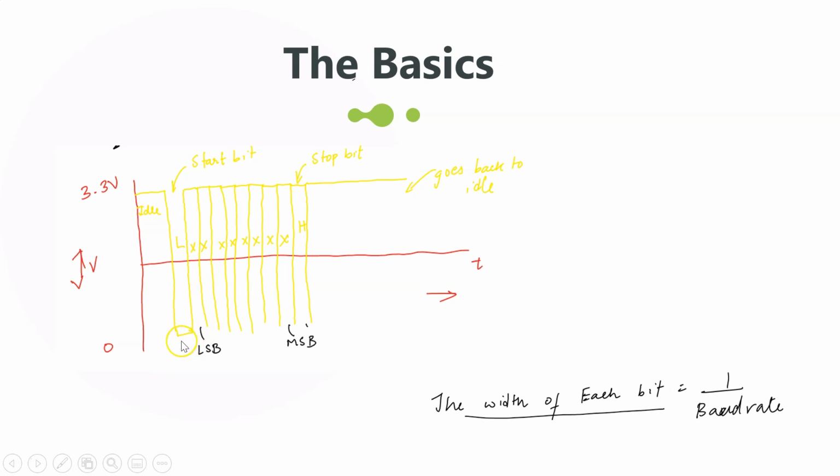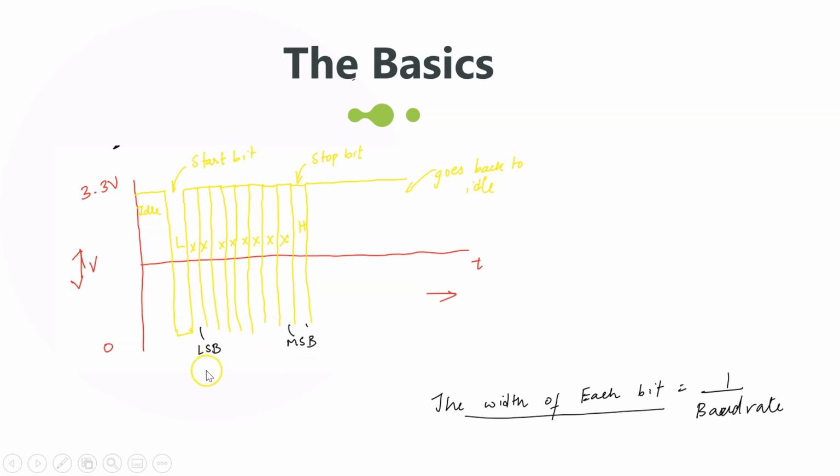When you send the data in TTL serial, or be it RS-232, it's usually 8 bits. The first bit you transmit is the start bit, which is always low. Then after the start bit, we start transmitting the rest of the bits with the same bit length. So the width of the bit is the same.